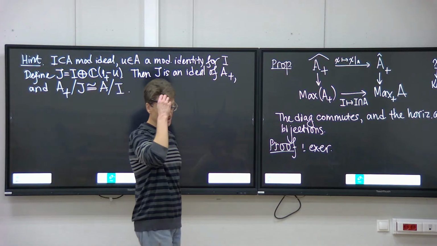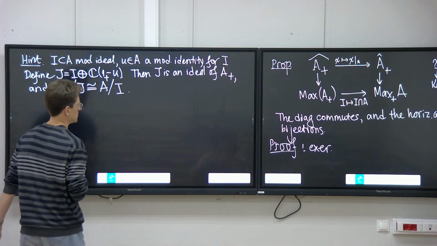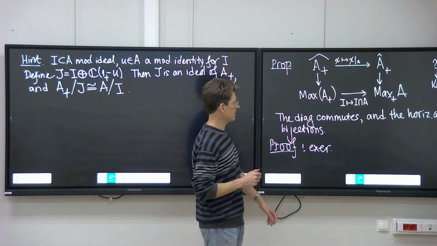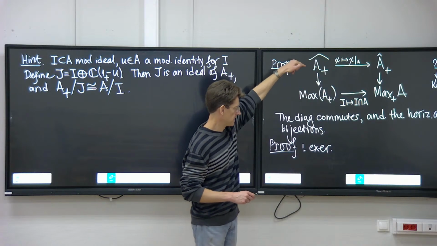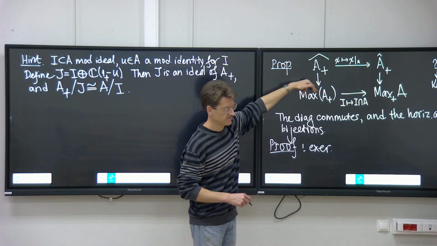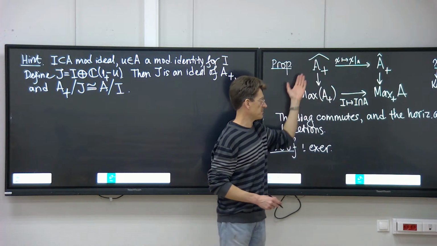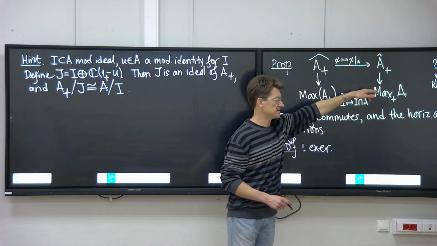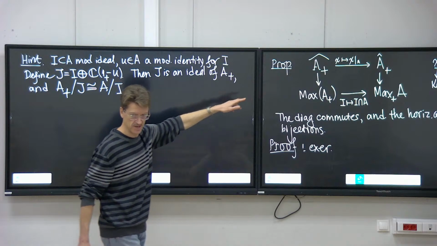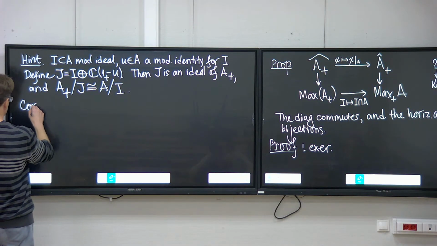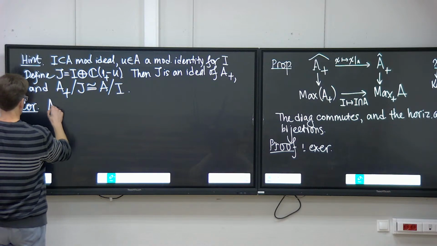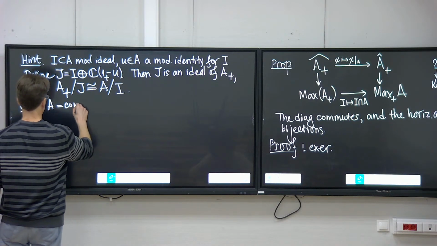Now suppose that A is a Banach algebra. So we know that in the case of a commutative Banach algebra, the first vertical arrow is also bijective. But the diagram is commutative, and this implies that the second vertical arrow is also bijective. So we obtain the following corollary. Suppose that A is a commutative Banach algebra.